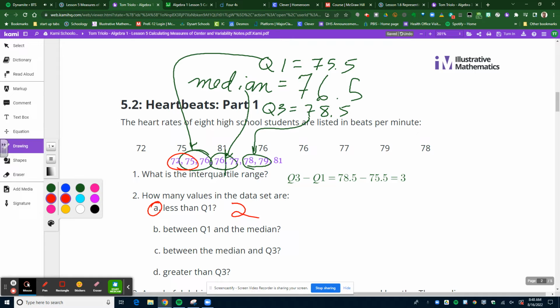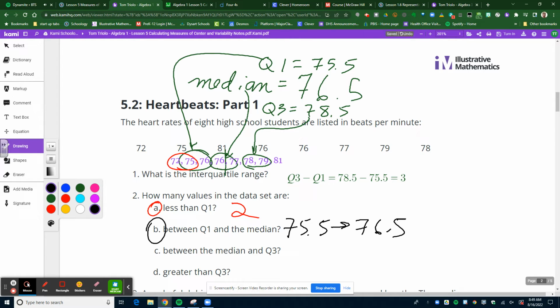So between Q1, so between 75.5 and the median, which is 76.5. So how many numbers are between 75.5 and 76.5? Rosie. So let's not go green, let's go black. 75.5 to 76.5.